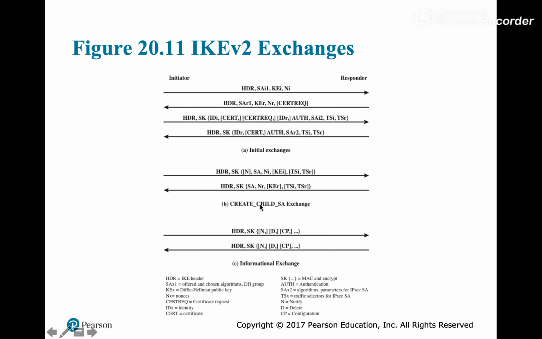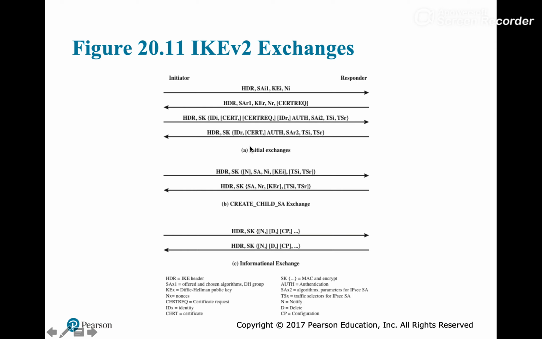Then there is the create child SA, which is the second exchange. In create child SA, both parties authenticate one another and set up their first IPSec SA to be placed in the security association database, and then use it for this information exchange. Here they share keys and all that. Until here, they just authenticate each other.